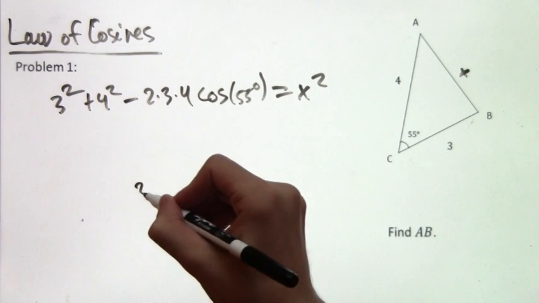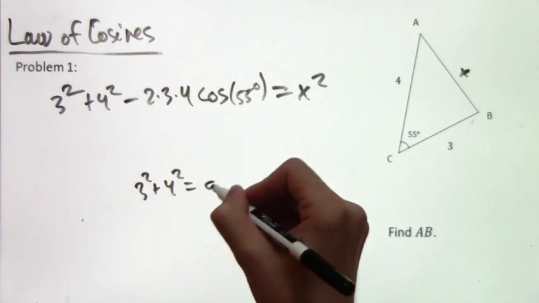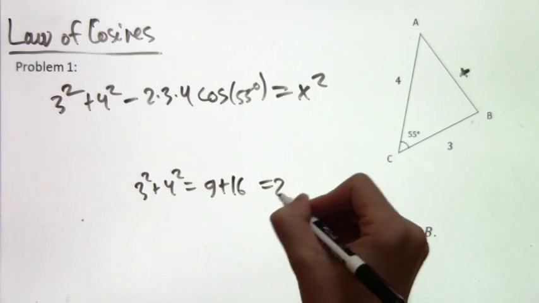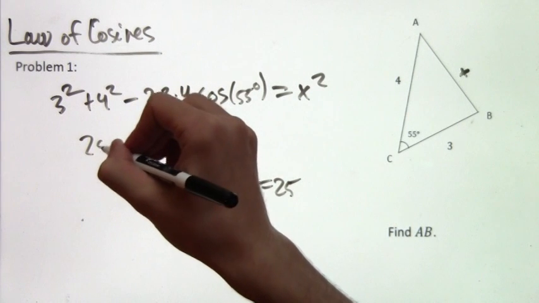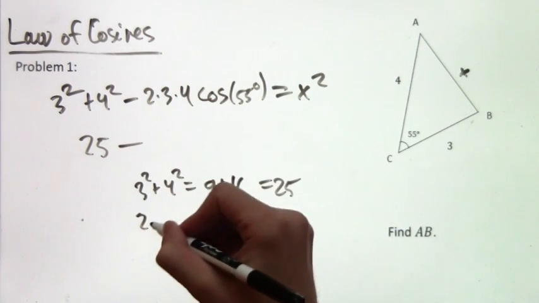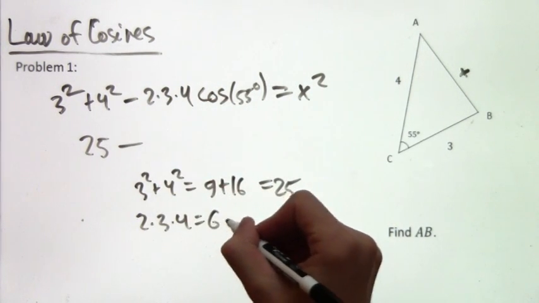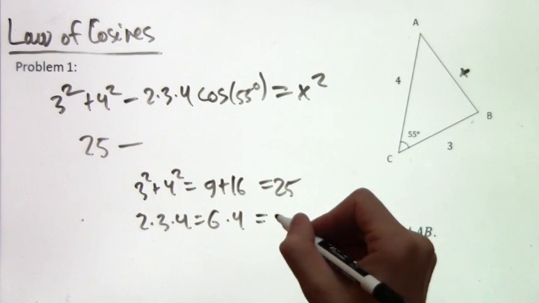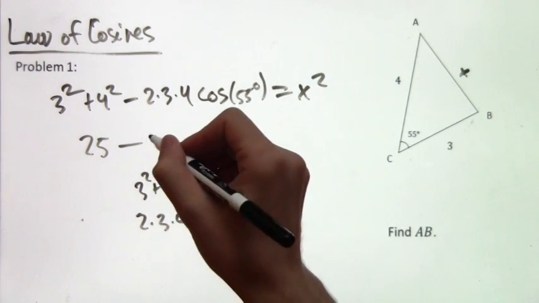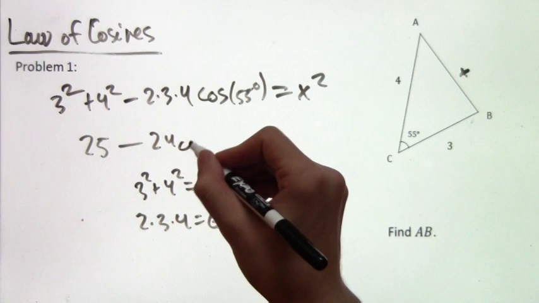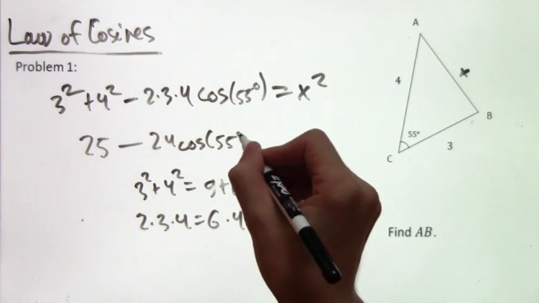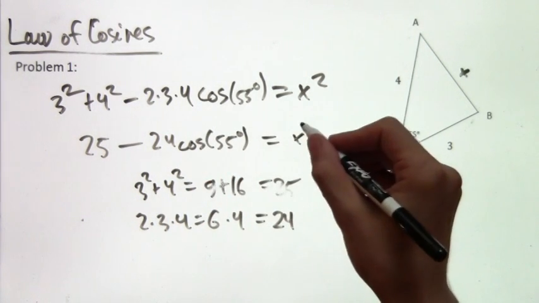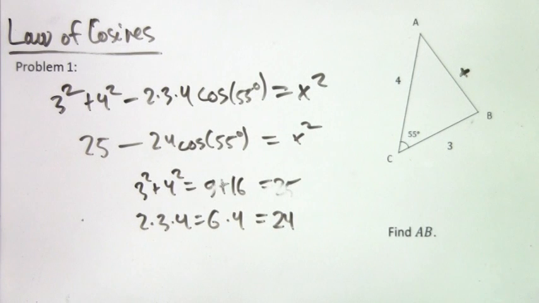So now we're going to simplify this expression. 3 squared plus 4 squared is 9 plus 16, and that's 25. So we got 25 minus, and 2 times 3 times 4, 6 times 4, and that is equal to 24. So we have 25 minus 24 cosine of 55 degrees. And that is equal to x squared.